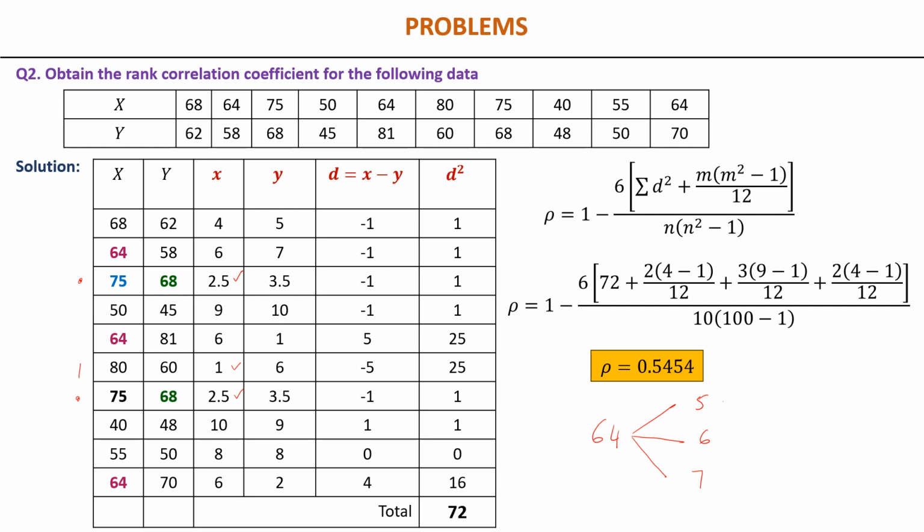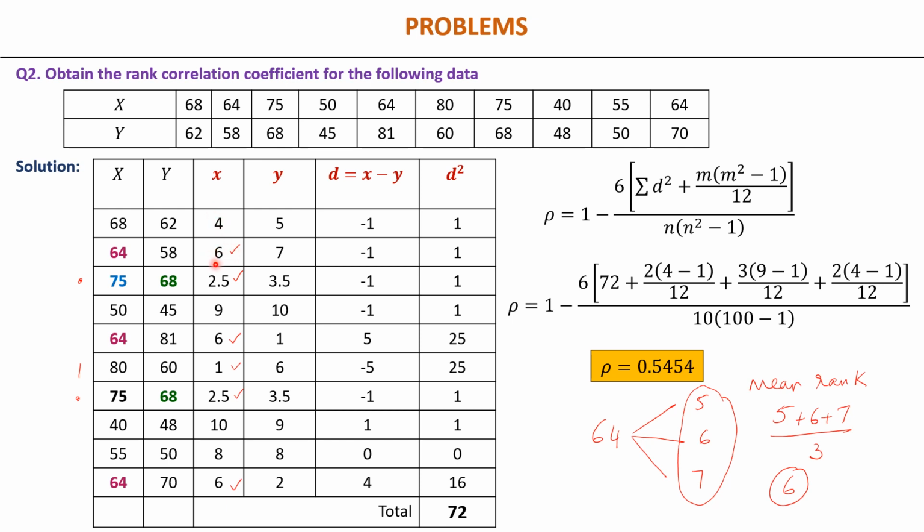But as I told you, we cannot give three different ranks for the same mark. So what we do, we take a mean rank. Take the mean of all the three ranks. It is 5 plus 6 plus 7 divided by 3. So that makes it 6. So we now allocate rank 6 for all the three students. Right? So the fourth rank is over. That's here.